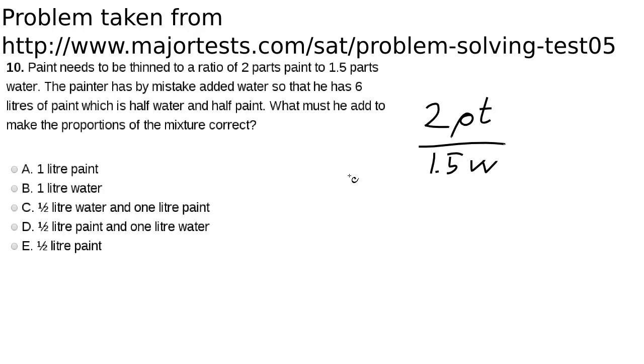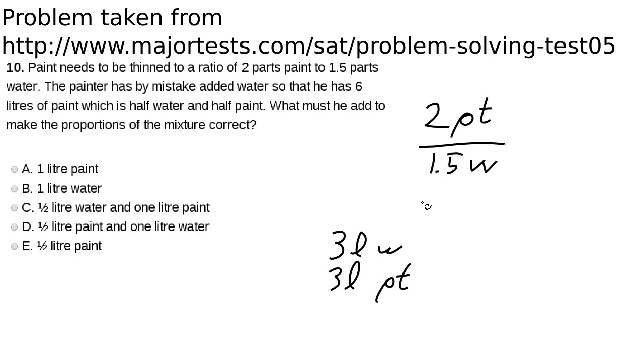Okay, I'm thinking there's probably a couple ways I could do this, one more algebraically and maybe one more just straightforward arithmetic. If he has 6 liters of water-paint mixture, that means he's got 3 liters of water and 3 liters of paint.